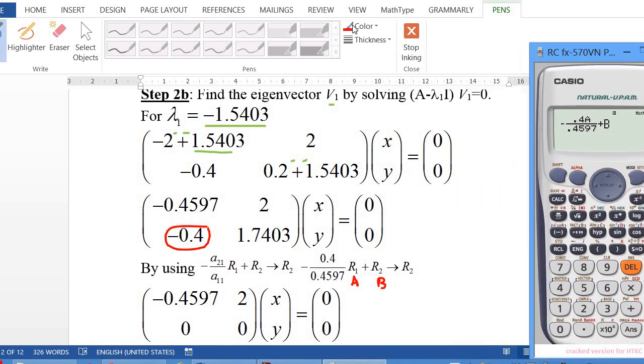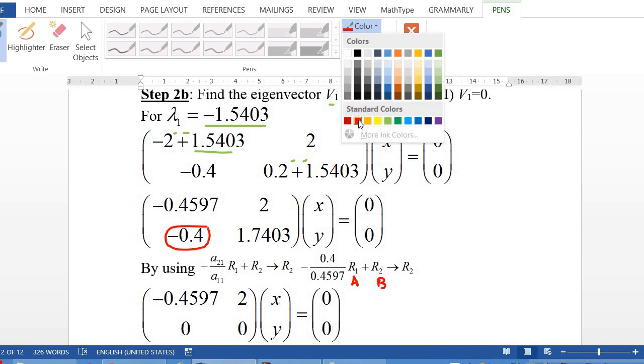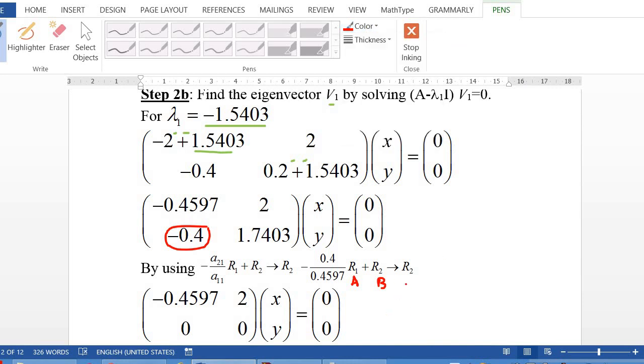If you don't understand, let me show you. You have this formula, negative 0.4 divided by 0.4597. This is in column 1.